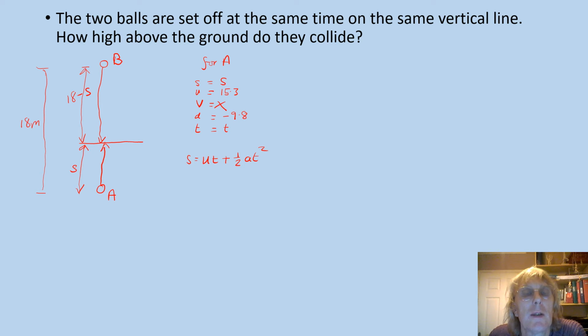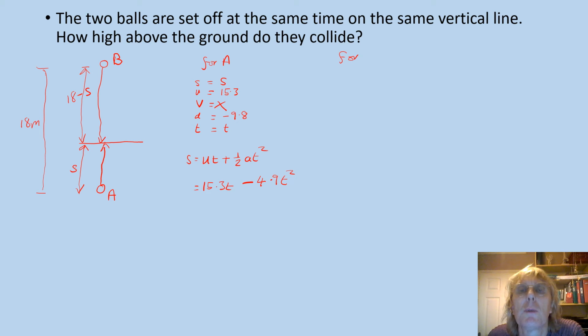So in this case equals 15.3T minus half of 9.8, which is 4.9, T squared. Looks a bit awkward at the moment because we've got S equals, and we've got T and T squared. So we've got a bit of a quadratic there. It looks a bit awkward, but that will sort itself out later.